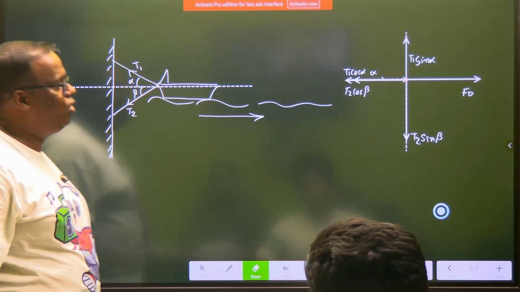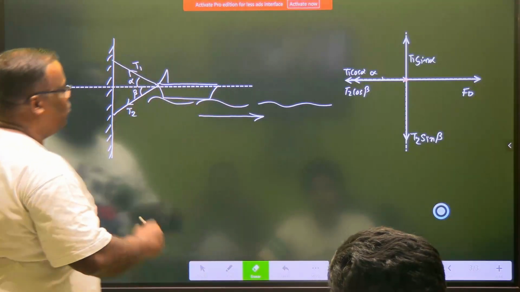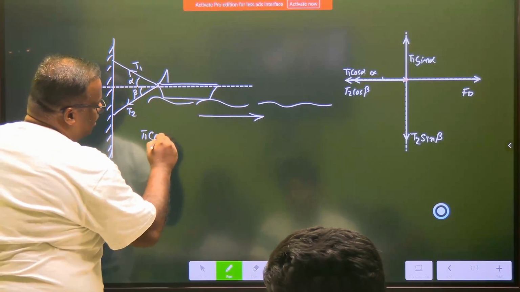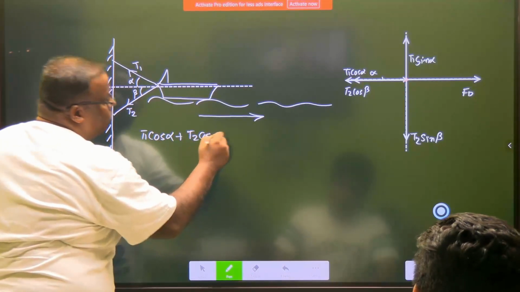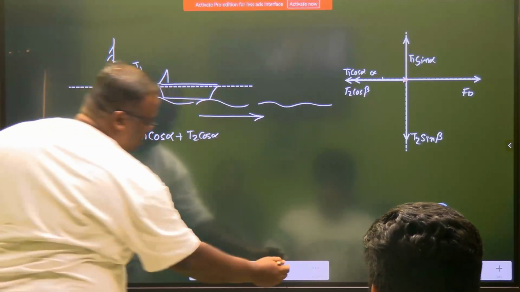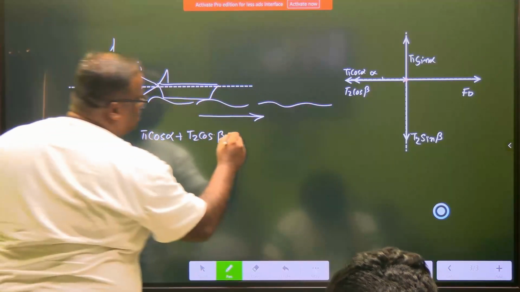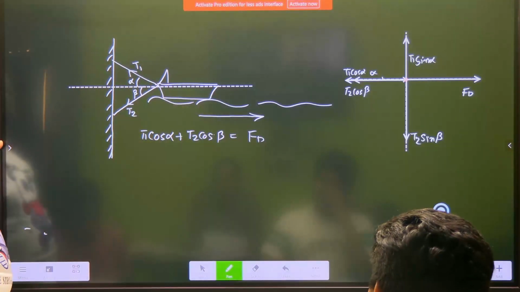If the boat is not moving, this force must balance this force. So one equation we can write: T1 cos alpha plus T2 cos beta. Both the forces are pulling this side. They must be balanced by the drag force of water. And these values will be given to you.